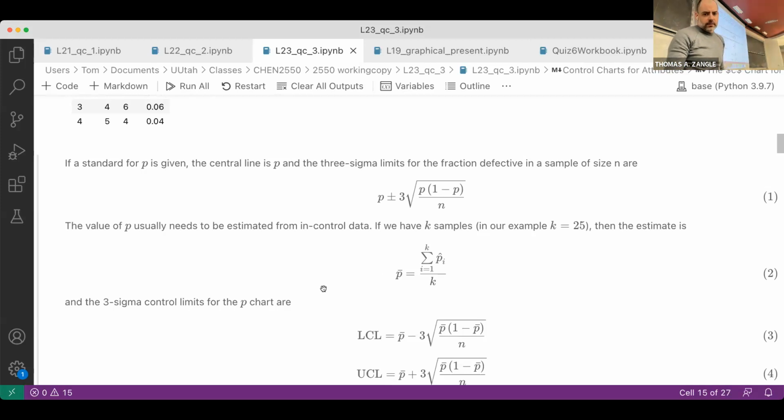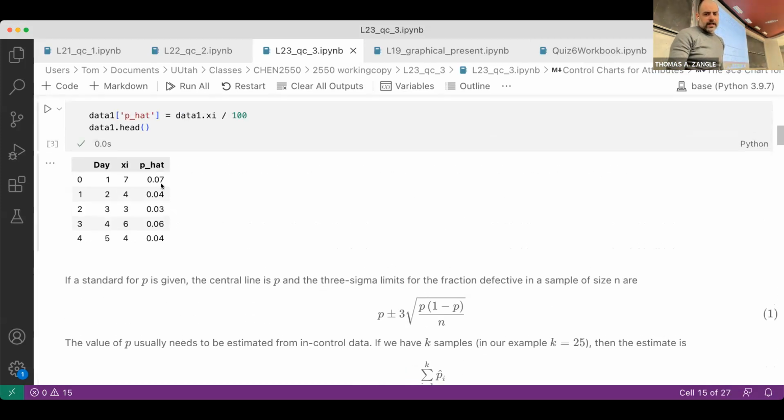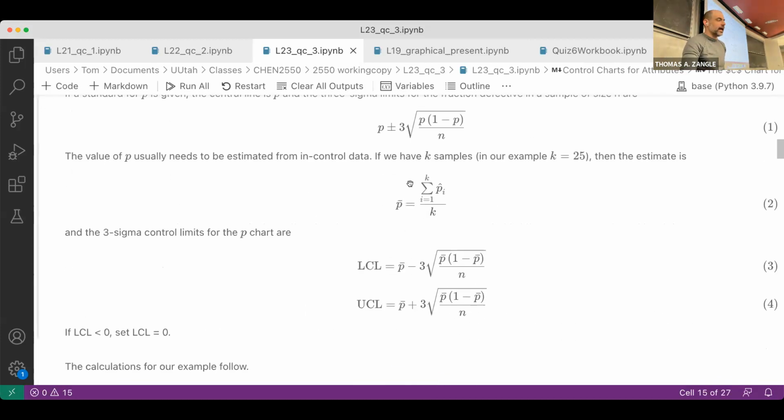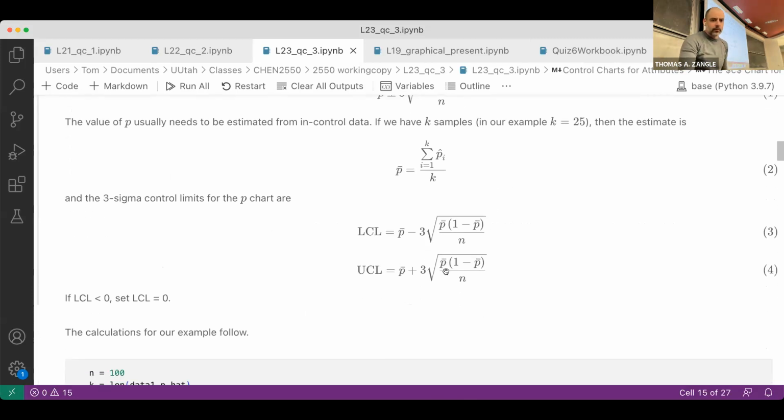These P hats are given in this column here, so taking the average down that column is going to give us our grand mean P hat. Then our upper and lower control limits are given by that equation 1. Again, I should note that if the lower control limit ends up less than 0, we just set that lower control limit equal to 0, because we cannot have a negative proportion of failures.